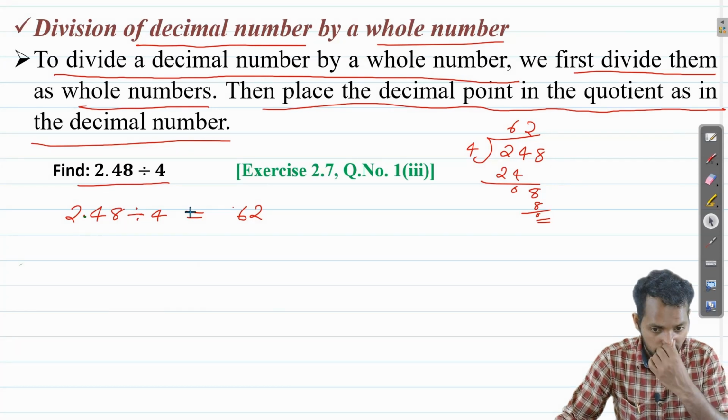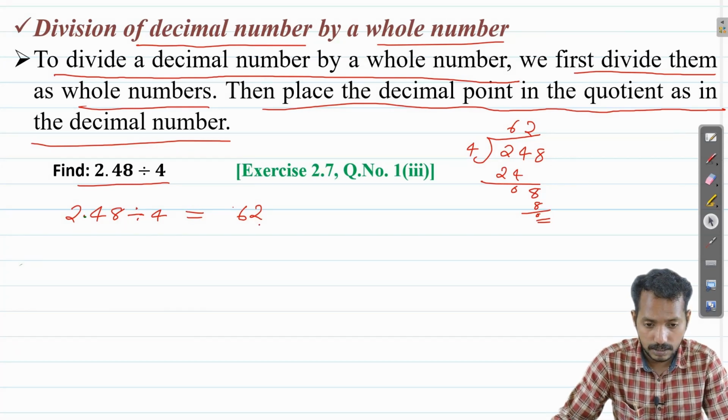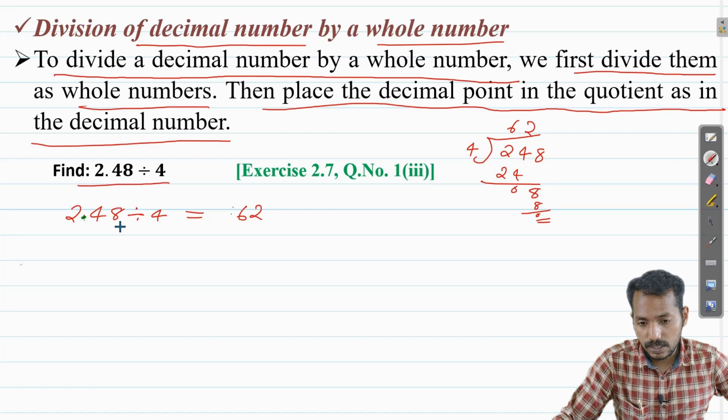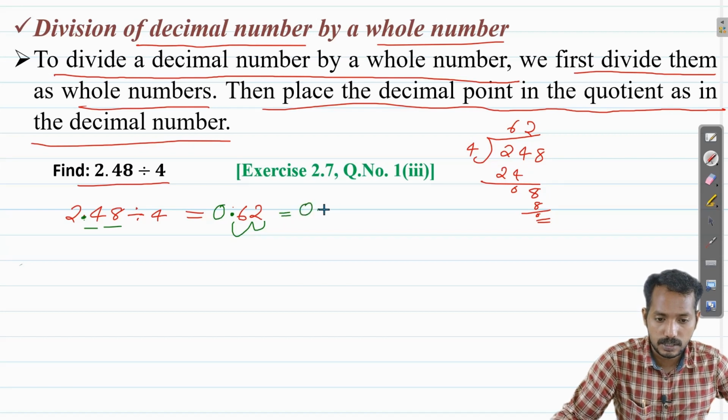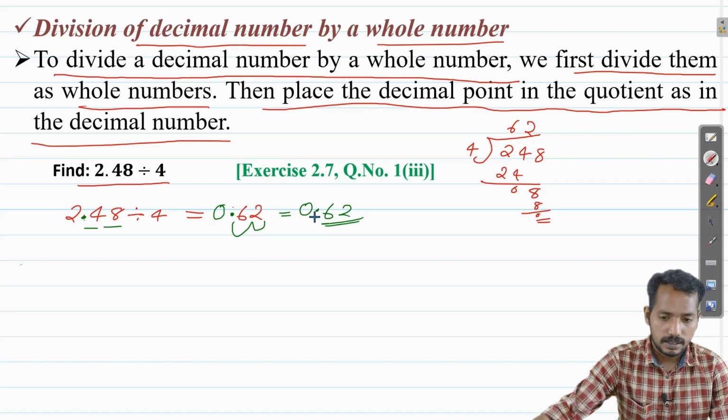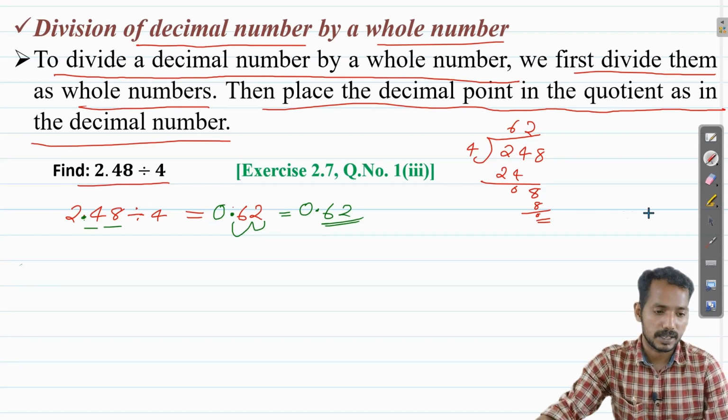Now count the number of digits after the decimal point here. There are 2 digits after the decimal point. So just bring the decimal point 2 places: 1, 2. So the decimal point will be here. We will get 0. So the answer is 0.62. Very simple one, just a reverse of the multiplication.